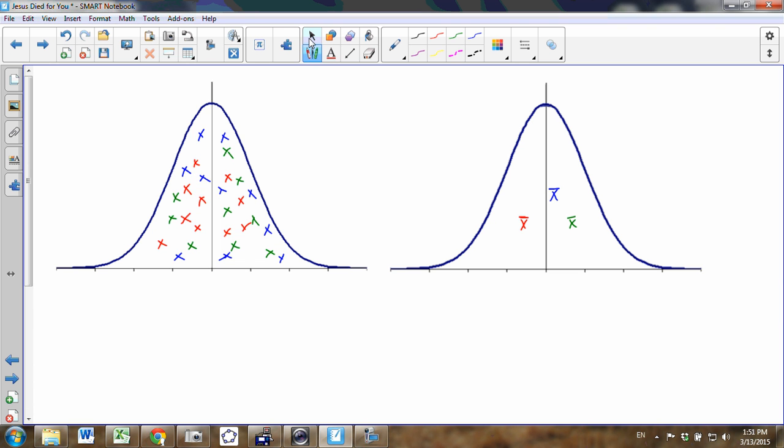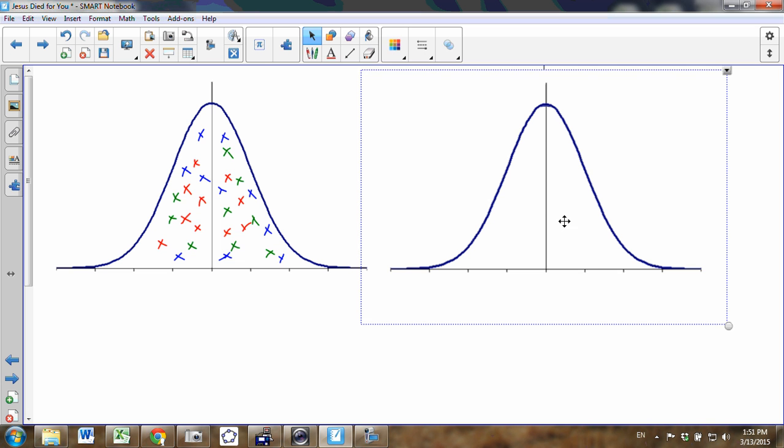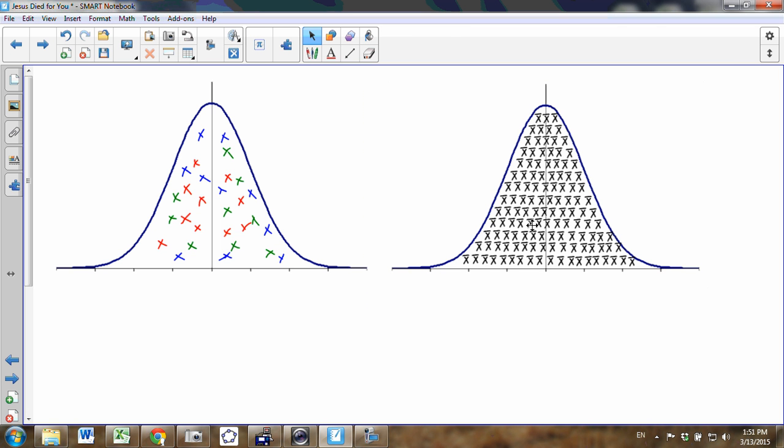Now, what I'm going to show you in a second is a theoretical distribution of infinitely many x bars. Each one of these x bars represents a sample of some size. In this particular case, I was doing 10.